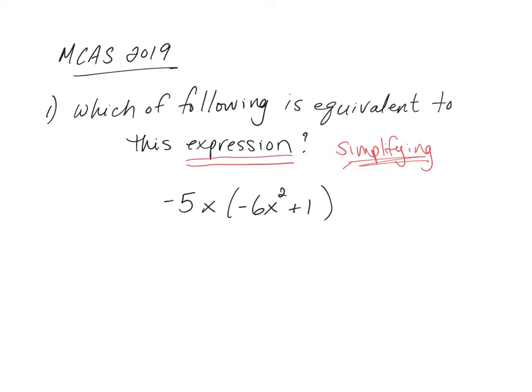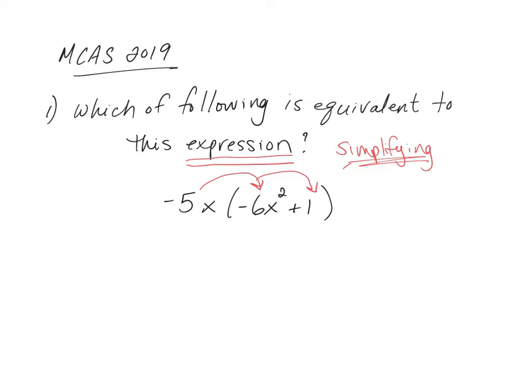Second, you can see we have negative 5x, parentheses, negative 6x squared plus 1. Now anytime you have a coefficient or a number and a variable next to parentheses, that means multiplication. So we are going to distribute, or multiply, that negative 5x times negative 6x squared, and then the negative 5x times 1.